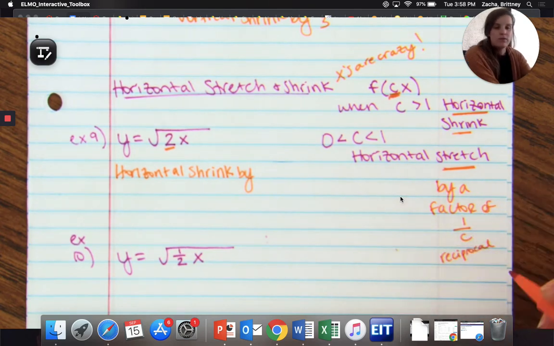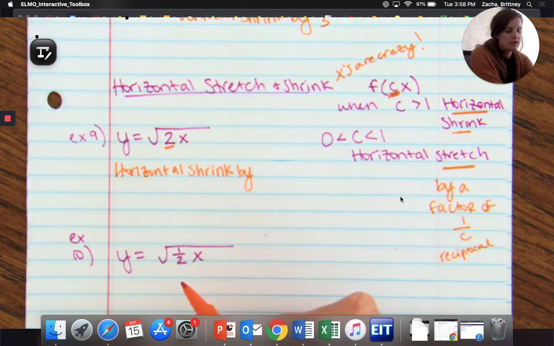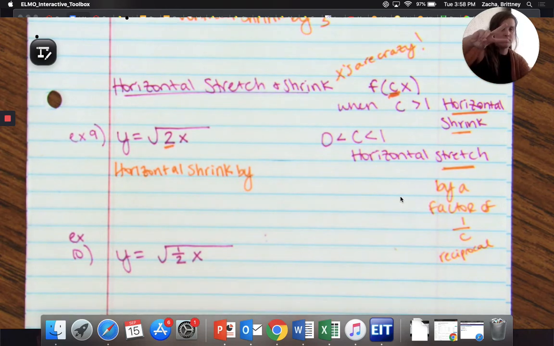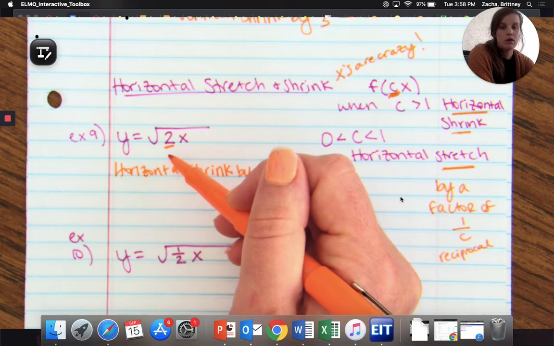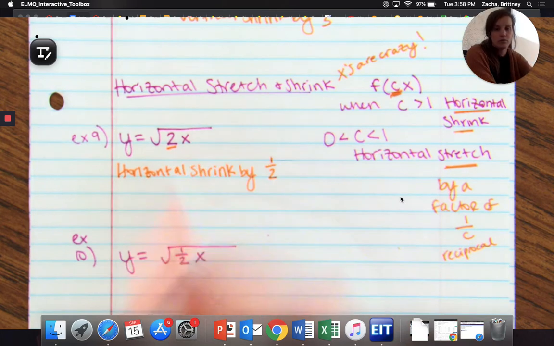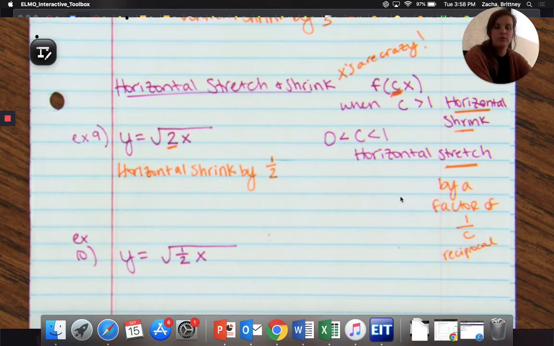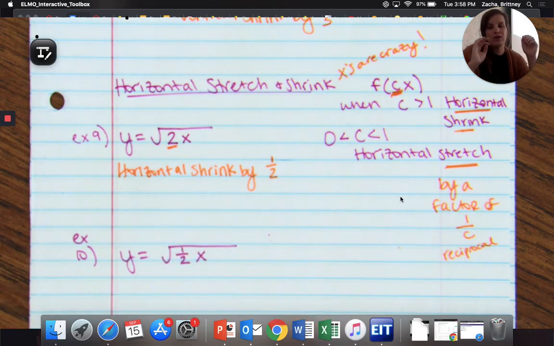So the reciprocal of whatever number is in your equation. Remember, reciprocal is a fraction. You take the fraction of the original and flip it. So here, even though that's not a fraction, we know that's 2 over 1. So it's a horizontal shrink by 1/2, because 1/2 is the reciprocal of the whole number 2. So in this equation, if you made a t-chart of the original, you would take the original x values and multiply them all by 1/2, and so therefore the function automatically shrinks in, or compresses.